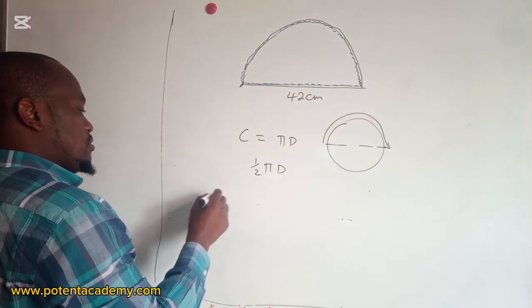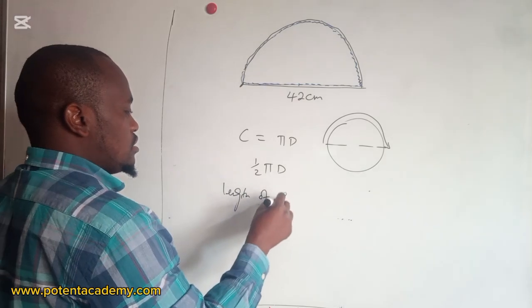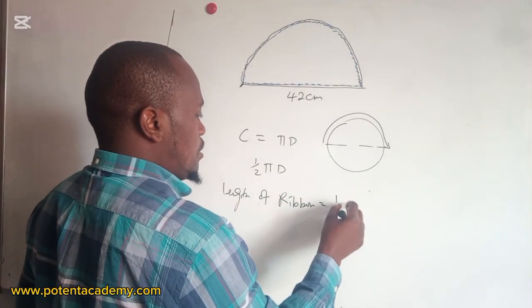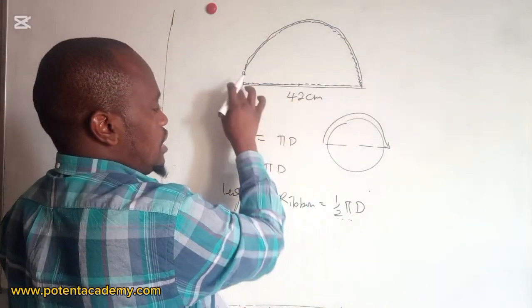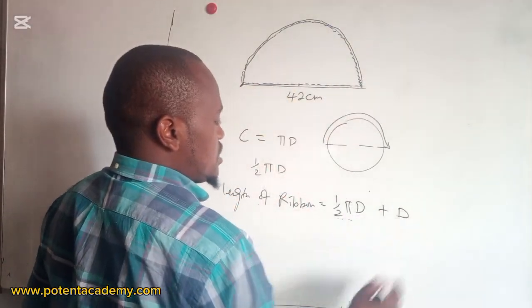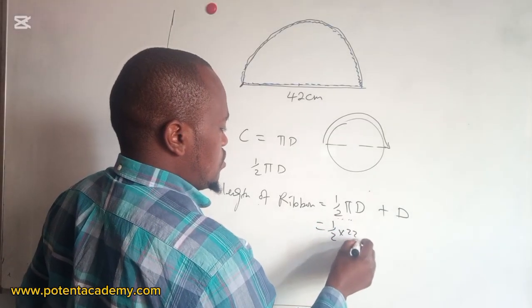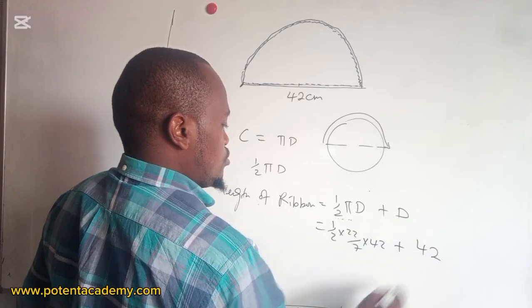Okay? So the length of ribbon should have been a half pi d. It should give us here up to there. Then you add the d, the diameter. So a half times 22/7 times 42 plus 42.